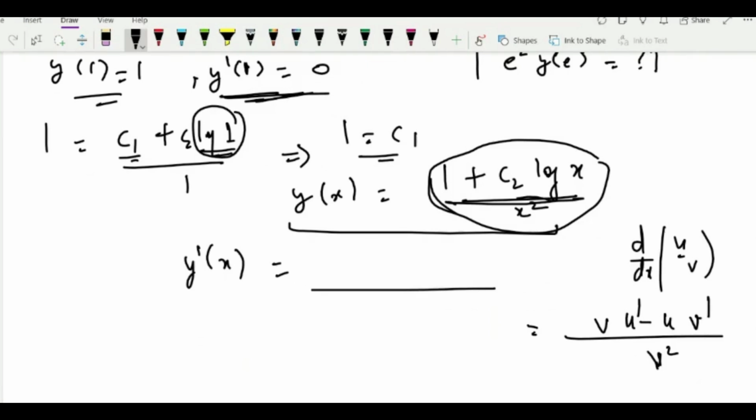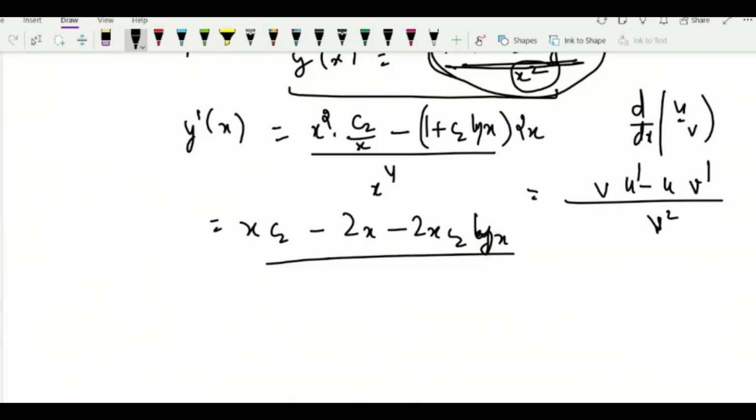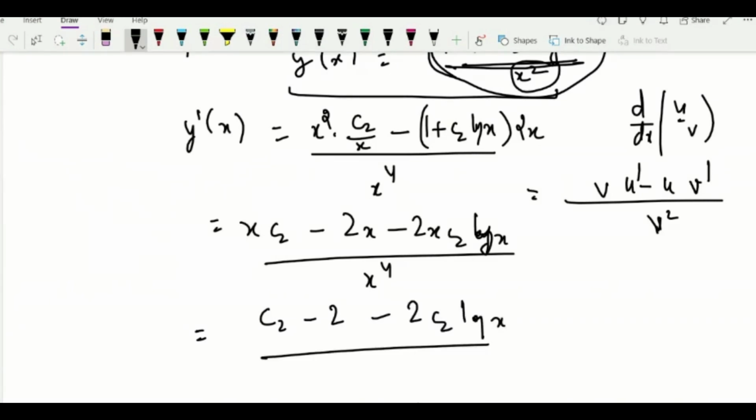So the lower part squared is x raised to power 4, and taking x square as it is, the derivative of 1 plus C2 log x is C2 upon x, minus 1 plus C2 log x as it is, and the derivative of x square is 2x. So we get y dash x is equal to (x C2 minus 2x minus 2x C2 log x) divided by x raised to power 4, or taking x common, we get (C2 minus 2 minus 2 C2 log x) upon x cube.